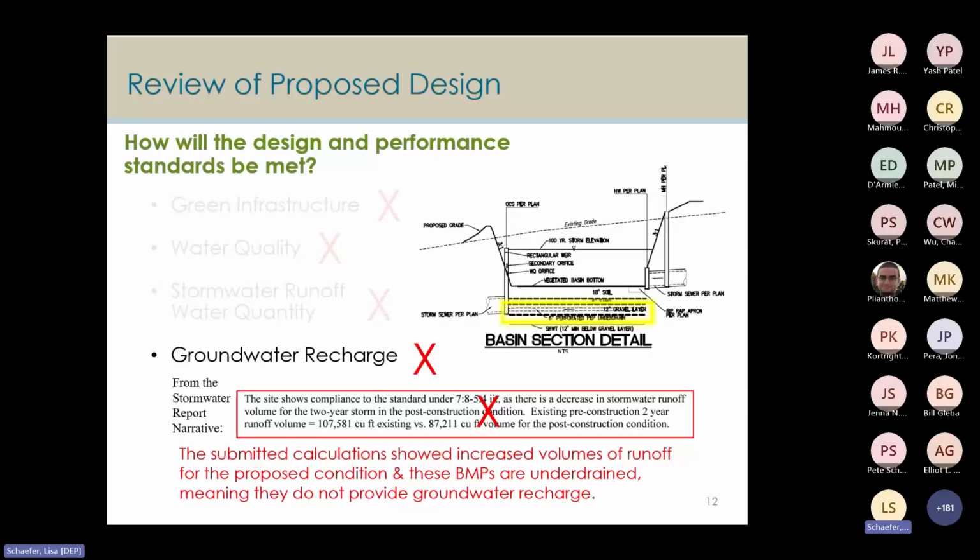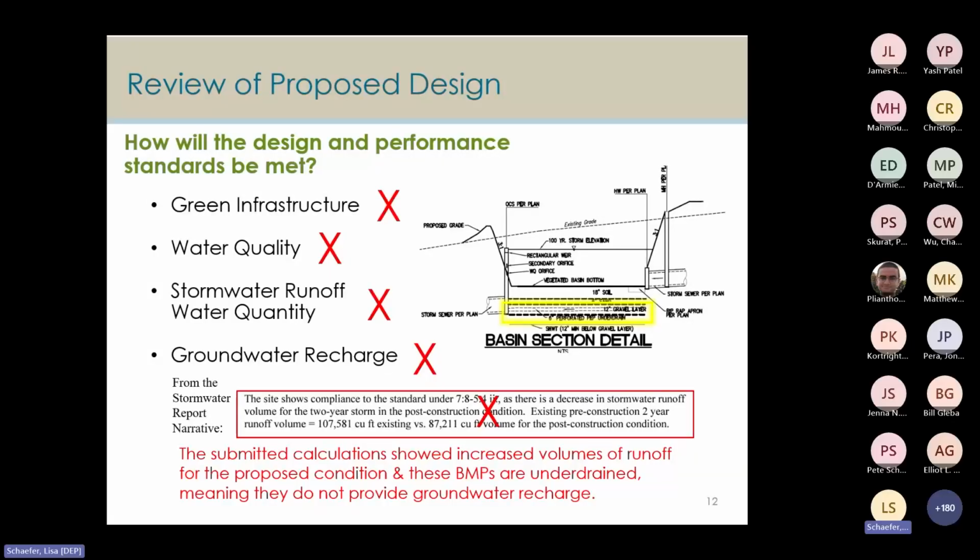That means that if the pervious pavement, rain gardens, small planting areas, or dry wells are incorporated, say, into a revised design, then their impacts on the nearby structures would be required in addition to the assessment of the impacts of infiltrating stormwater into the BMPs, like Peter showed you in the prior groundwater mounding presentation. So it looks like the project failed to meet all of the design and performance standards that I covered today.